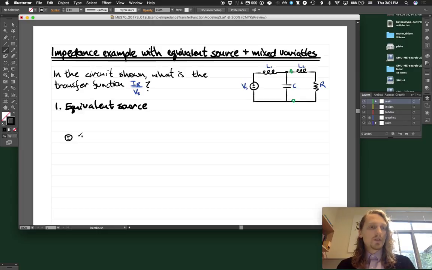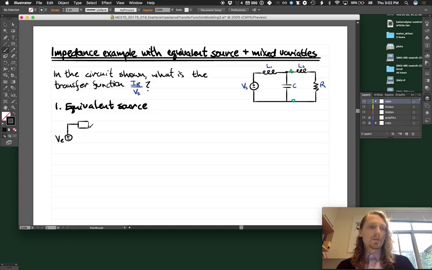So plus minus VE, the equivalent source, is going to be in series with, well, we don't want to draw a resistor there.